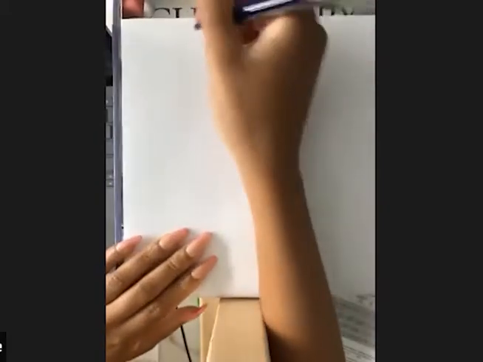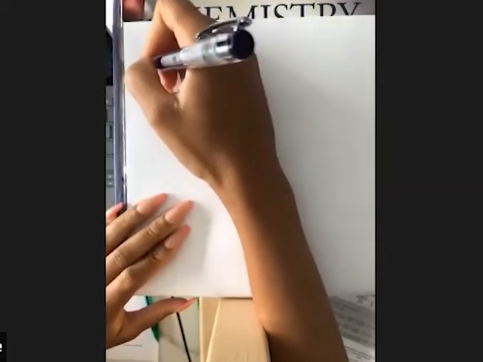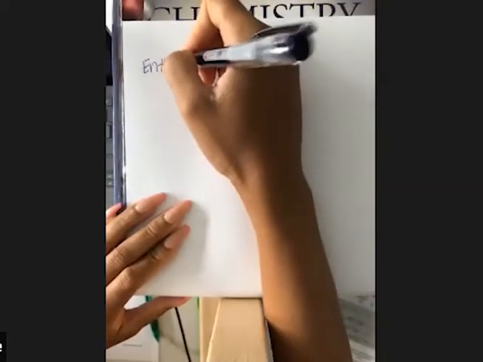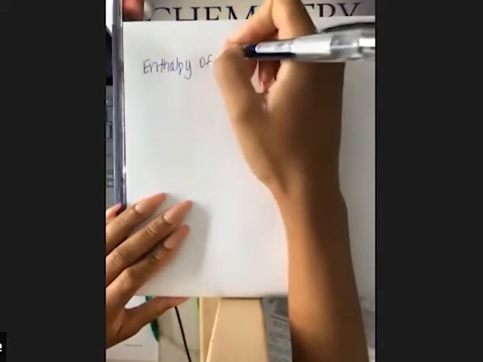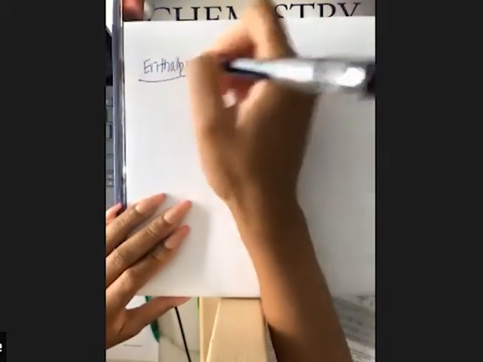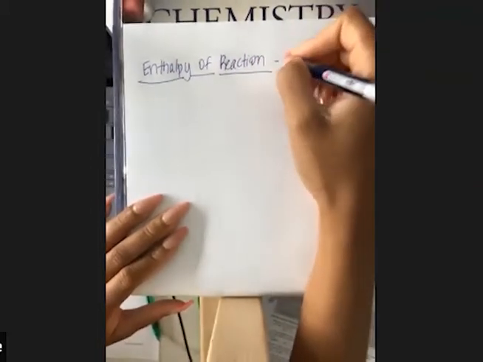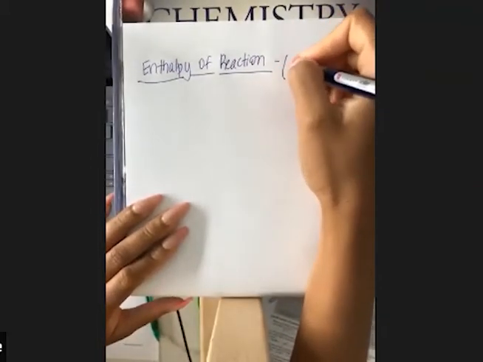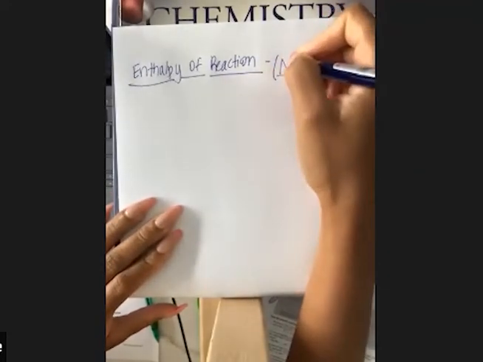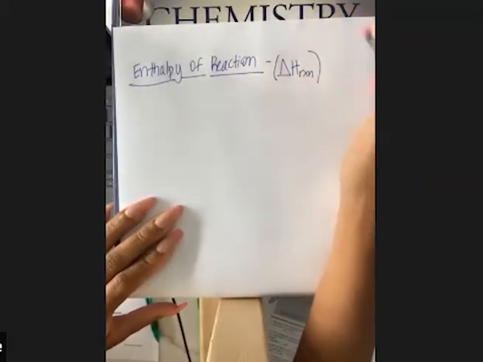So to wrap up chapter 8, I want to talk about the enthalpy of reaction. The way we draw the sign for this is the triangle H, and then RXN stands for reaction.